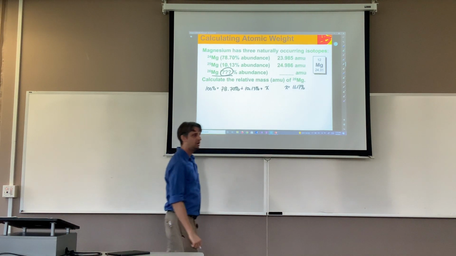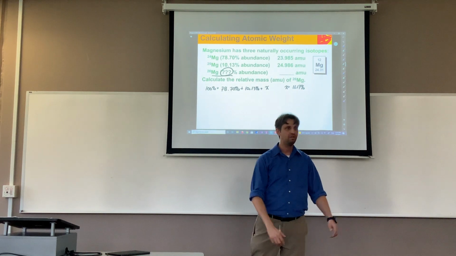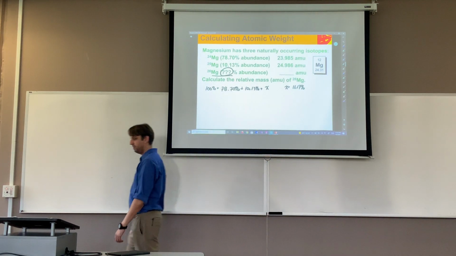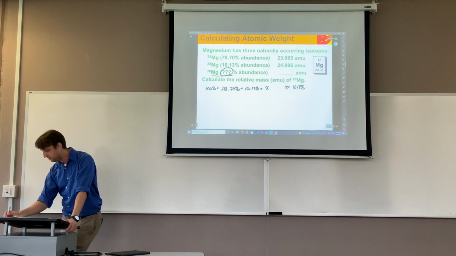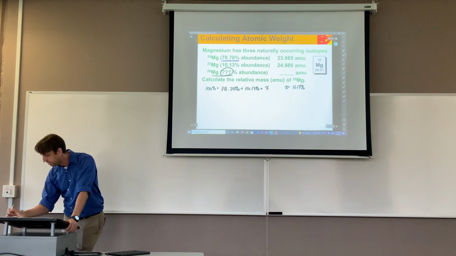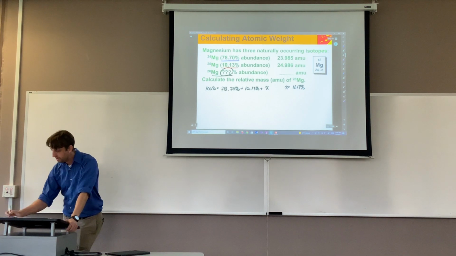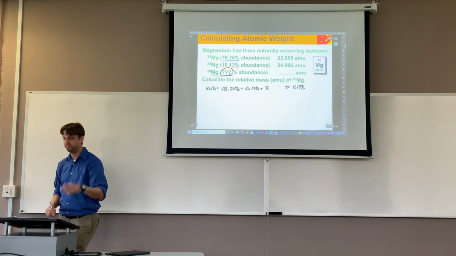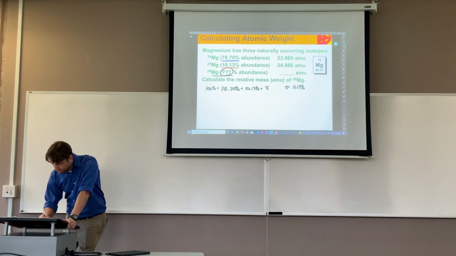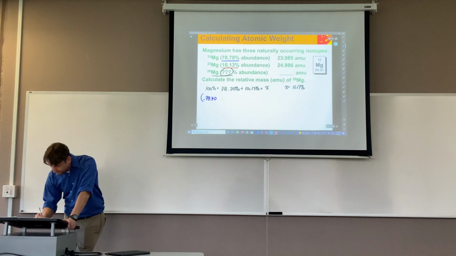Good? Now we're still missing the mass. So we got black, we'll do this part in blue, and we'll do this one in red, okay? So how do we set this up? So percentage, 0.7870, times the mass, 23.985, okay?